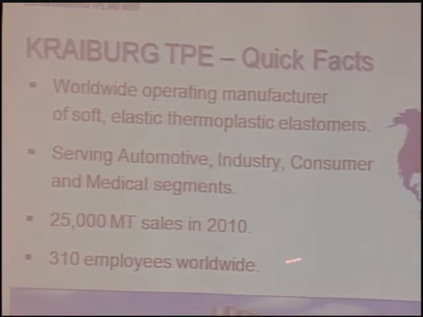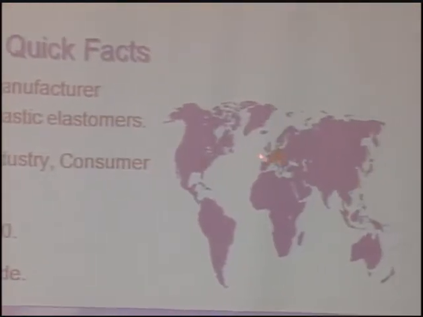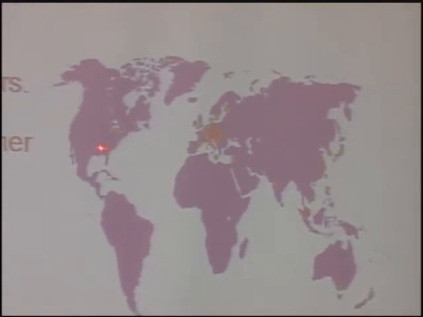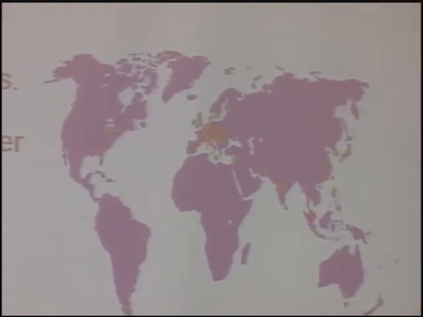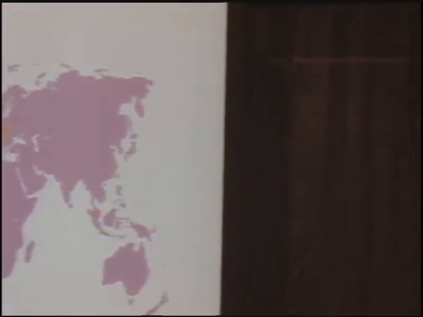Our headquarters is located in Munich, Germany, and we have US headquarters in the suburb of Atlanta. We also have Asia Pacific headquarters in Hong Kong, and we have 3 production sites in all major areas: in Europe, in the US, and in Malaysia, in Asia.